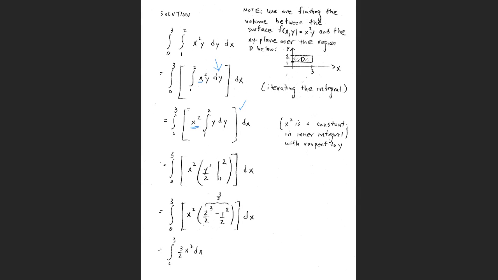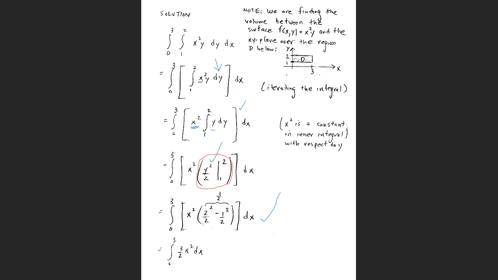So now the integral of y dy is y squared over 2. The limits go from 1 to 2. And you end up then getting, well, you have to evaluate this integral here. So it's a calculus 1 problem, right?